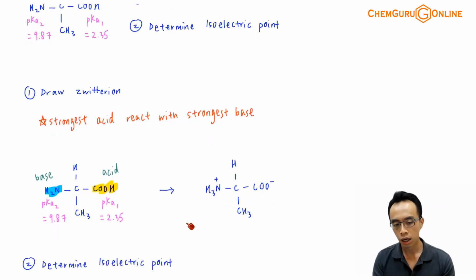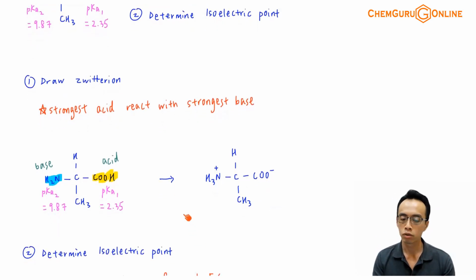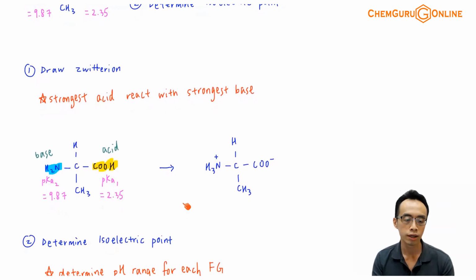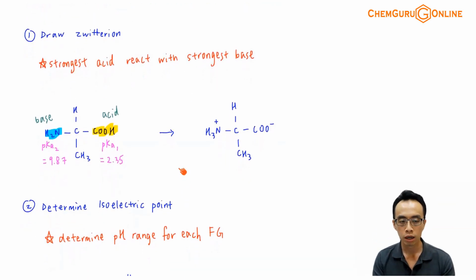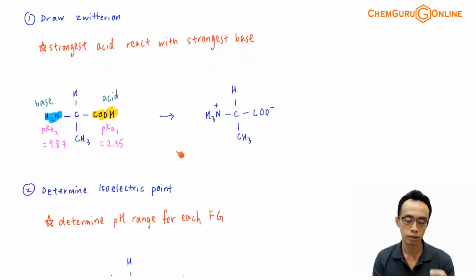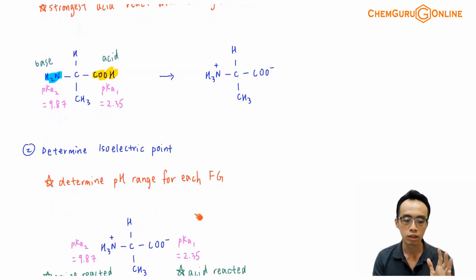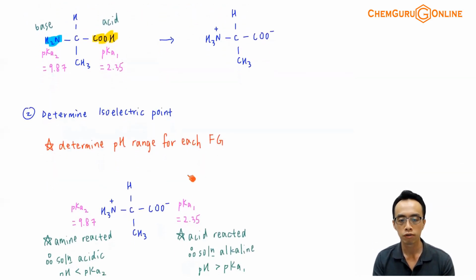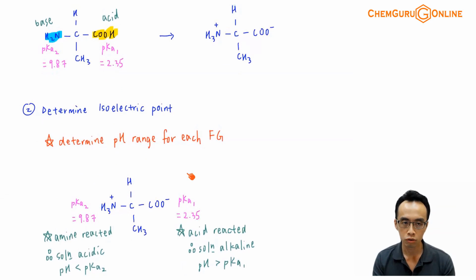Now the next thing is I want to determine the isoelectric point. How do I calculate the isoelectric point? The idea that we can use is this. First, I want to determine the pH range for each of my functional groups.